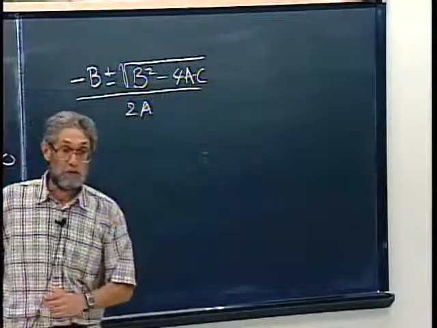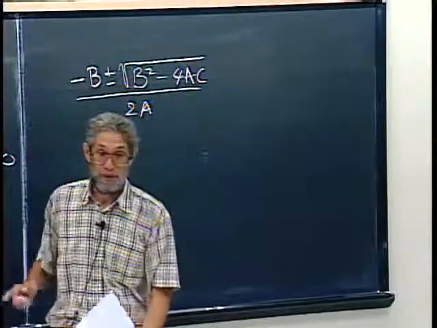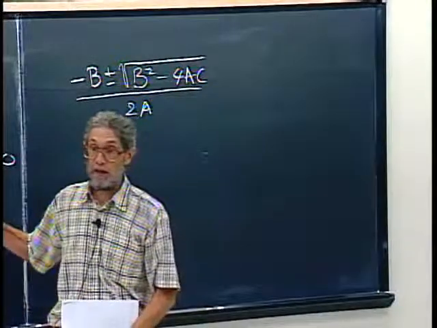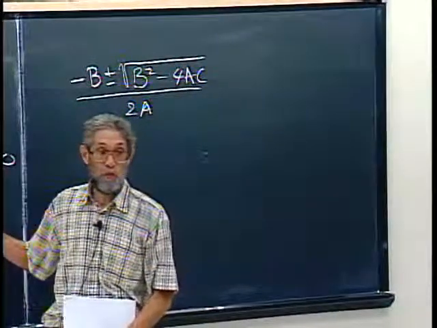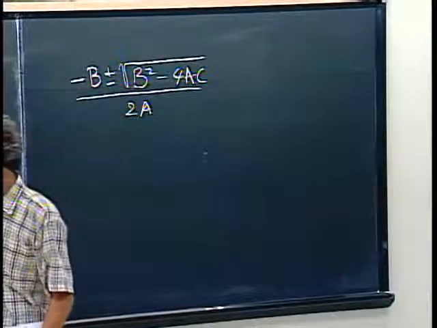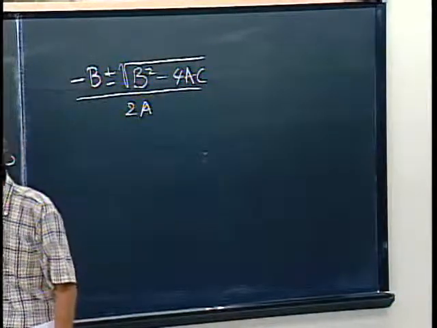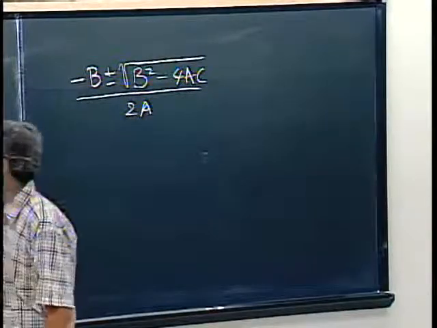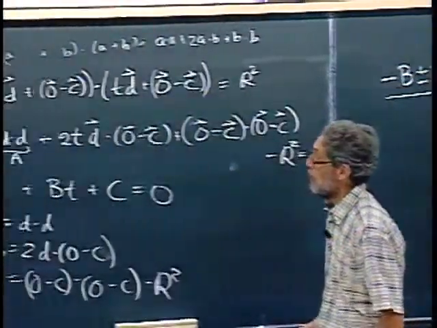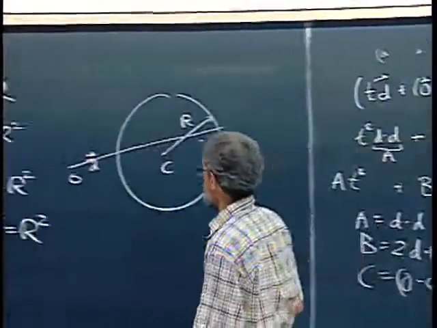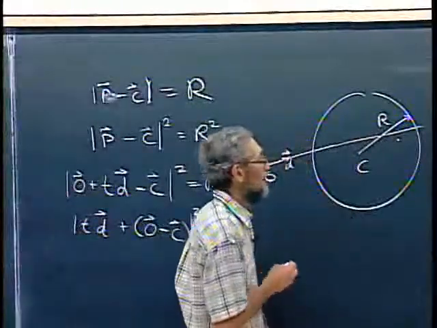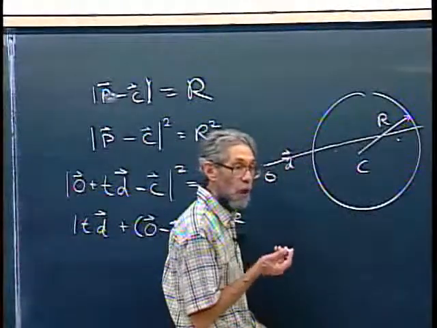So if you actually write this, you could write a different formula when B is a multiple of 2, and save you one multiplication by 2 maybe. But basically, you have these 3 quantities in the standard quadratic equation, and in general, you're going to get 2 roots. But you might get 0 roots or 1 root.